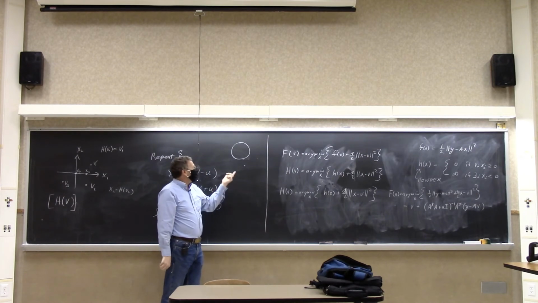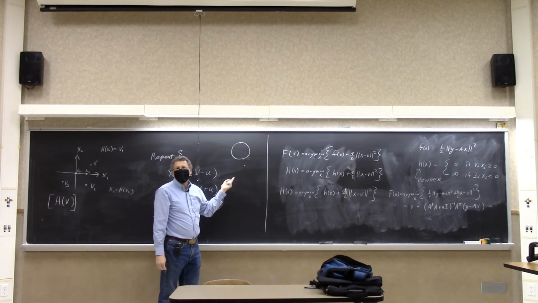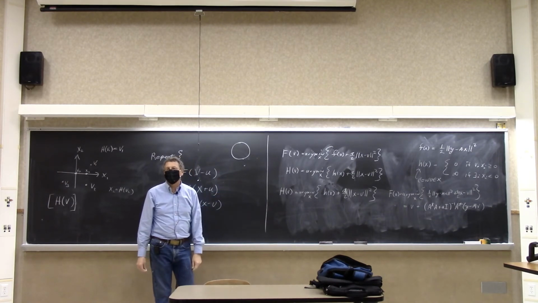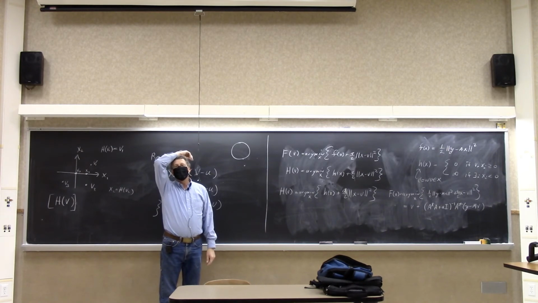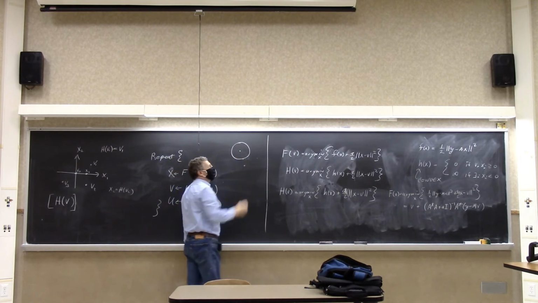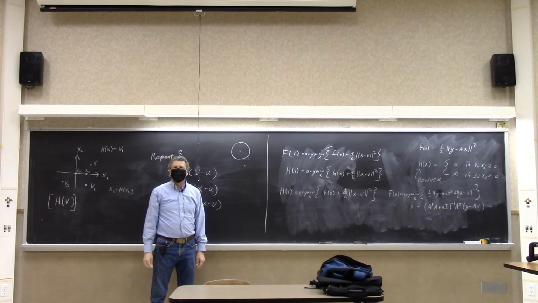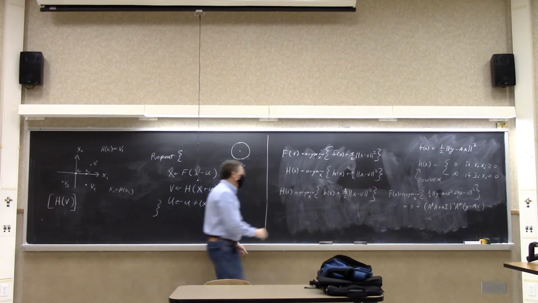So that seems like a violation of the theorem, because the set's convex if and only if every point has a unique minimum distance projection. So what's the exception? There's one point that doesn't have a minimum distance projection. The center. The center doesn't have a unique minimum distance projection. I just thought that was interesting.